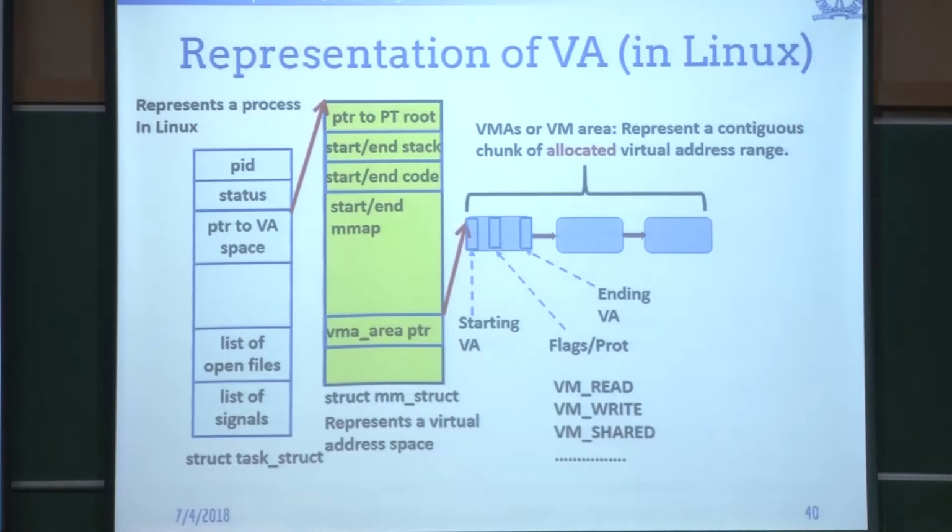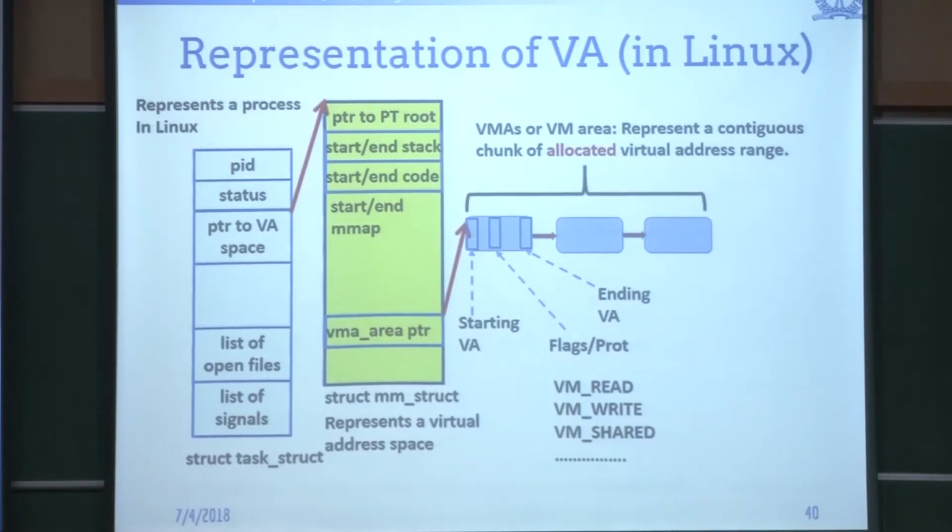Think of it like if you allocate an array which is 20 megabytes to the application, it looks like contiguous virtual address space, contiguous addresses, right? The operating system would remember, okay, this is the region of the address space that is allocated. After that, it might not be anything allocated. So for each contiguously allocated region, there is one of these chunks.